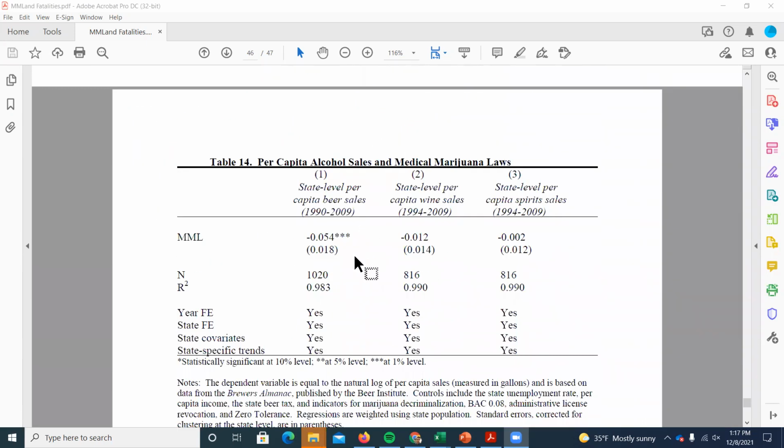And this plays out in some state level sales data that they got. Now, this is maybe anecdotal, but this makes sense to me that you would see not much of a change in wine or liquor sales, but really where the decrease in consumption is coming from, the significant result here, is beer sales, right?